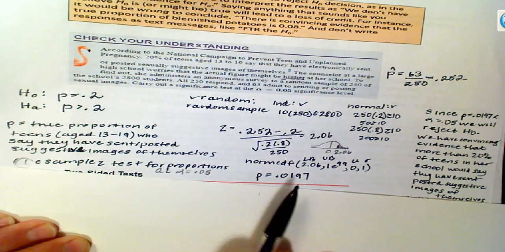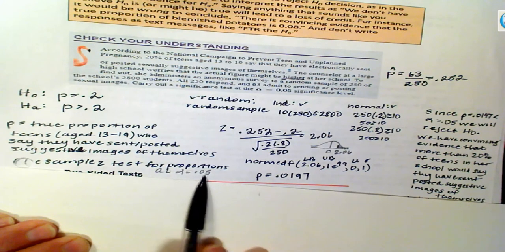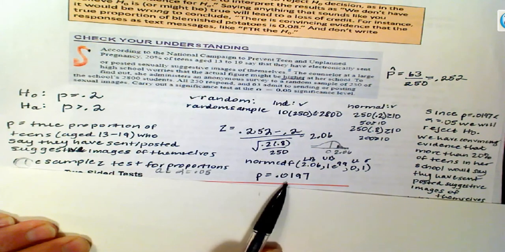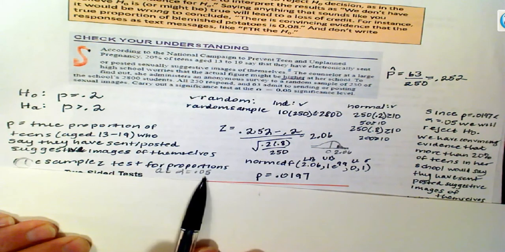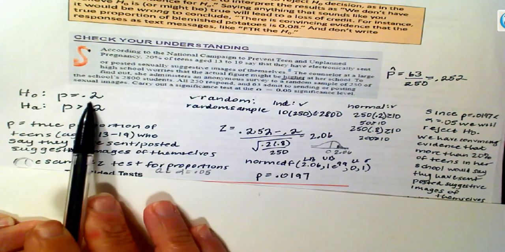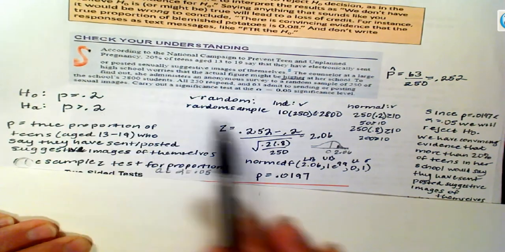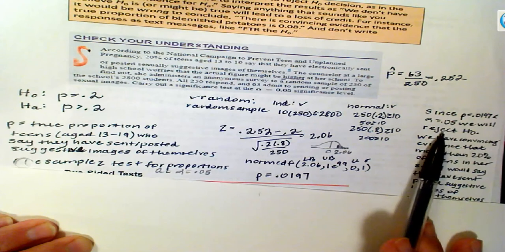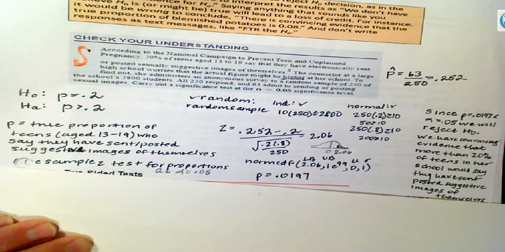When you compare this p-value with this alpha, this is less than this. So if the p is low compared to alpha, we're going to reject the null. Since the p is less than alpha, we will reject it.